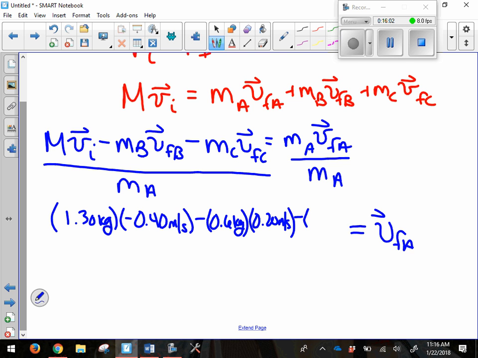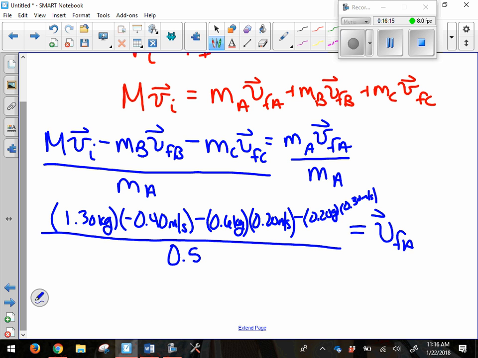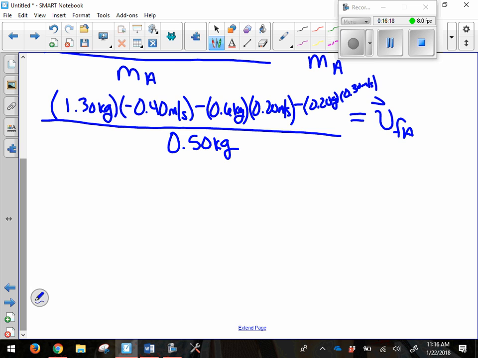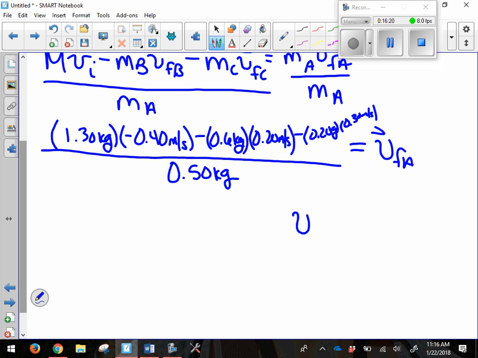The mass of C is 0.2 kilograms, and its velocity is 0.3. We're going to divide that by the mass of A, which is 0.50 kilograms. So VFA will be... let's see what other people got.